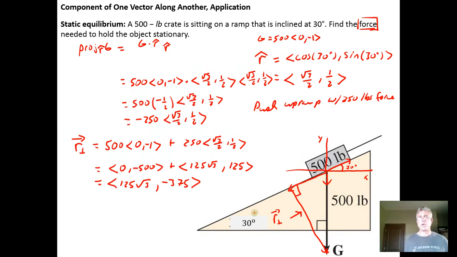And if we needed to know the size of the force that was perpendicular to the ramp, we would just calculate the size of this vector right here. And we know how to calculate the size of a vector. We would take the square root of the sum of the squares of the vector components. What you'd want to notice here is some stuff could factor out, and you'd probably want to factor as much out as you could before you did that calculation. So for example, 25 would go in there, what, 5 times?